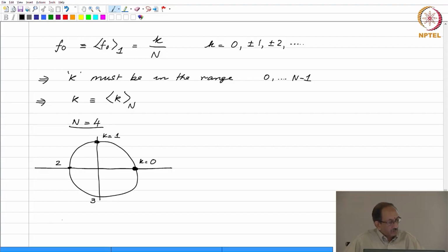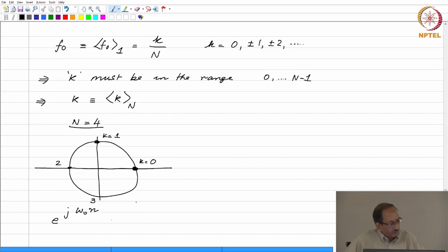Therefore, you have e to the j omega naught little n. Now, in this particular case we have capital N to be 4. Therefore, let us look at all the possibilities.